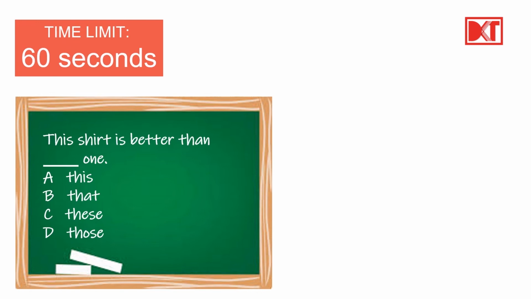Now here you see the question says this shirt is better than dash one. This shirt is better than that one. जब हम comparison draw कर रहे हैं तो first of all ये देखेंगे हम कि singular है या plural है. ठीक है, यहाँ पे shirt compare कर रहे हैं. Shirt क्या होती है?